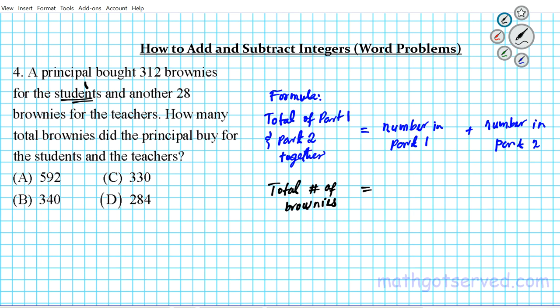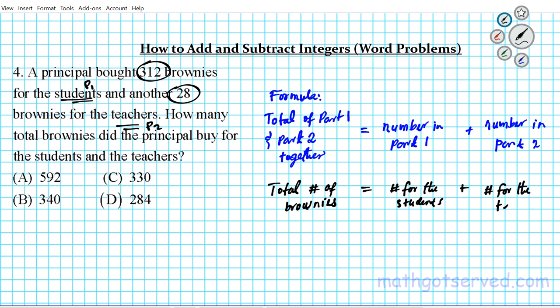So that's part 1, let's call that P1, the number for the students, plus part 2, which is the teachers. The number for the teachers, we're going to call that P2, okay? So P1 for the students, P2 for the teachers.